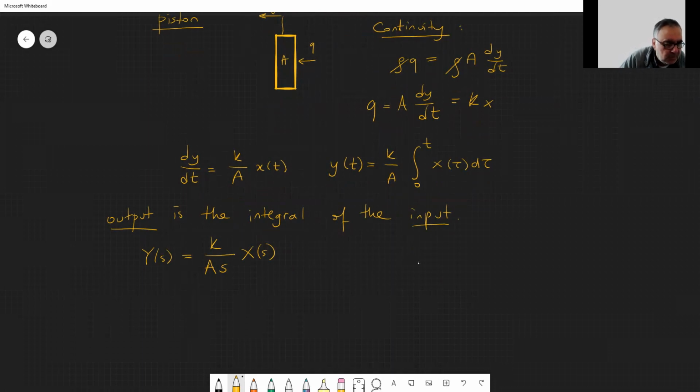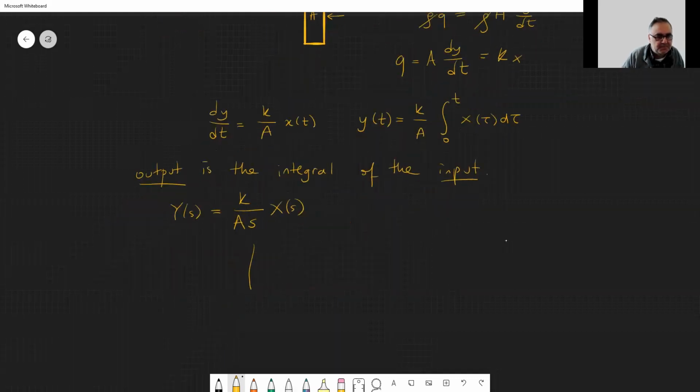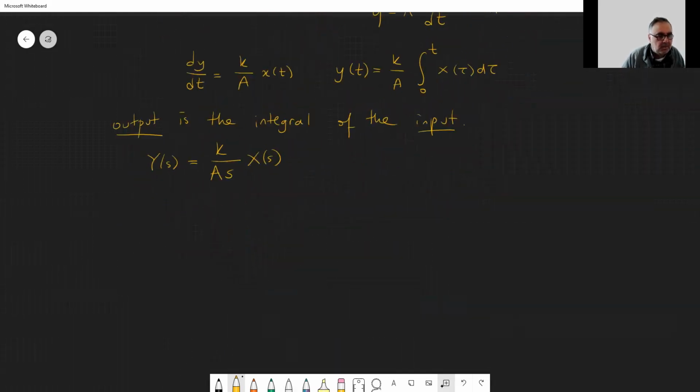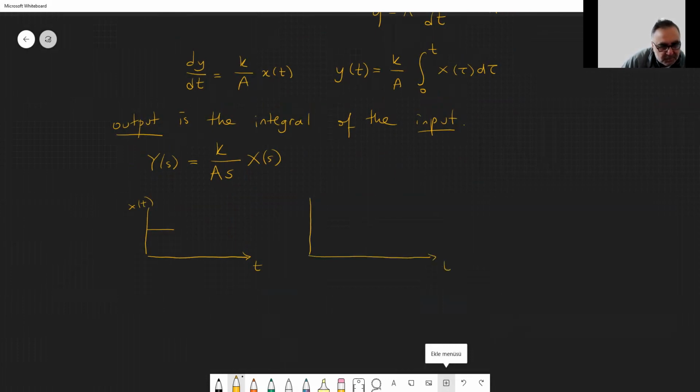If you move x a little bit and let it stay there, it is a step input. This is x(t) versus t. What is going to happen to y(t)?